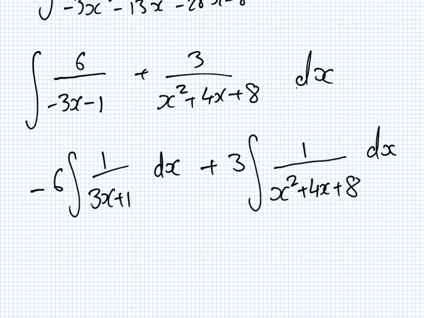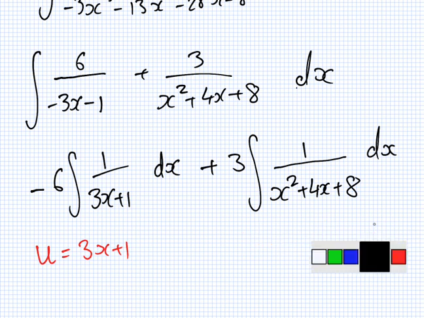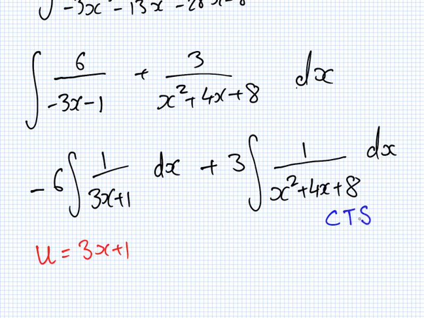Okay, so this one is different. u equals 3x plus 1, yes, but in this case we don't say u equals x squared plus 4x plus 8. That's wrong, the second one. What do you mean squared? Complete the square. For this one we need to complete the square. If you let u equal to this, it won't simplify.